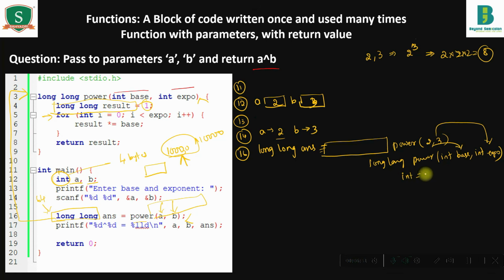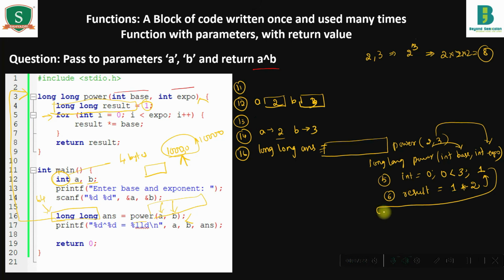Int i is equal to 0, 0 less than expo. What is the expo value? Expo value is 3. Then from the 5th line it goes to the 6th line. Result is equal to, already result value is 1, multiplied by base value 2. From here it goes up and updates the i value: i is updated to 0 plus plus, that is 1.